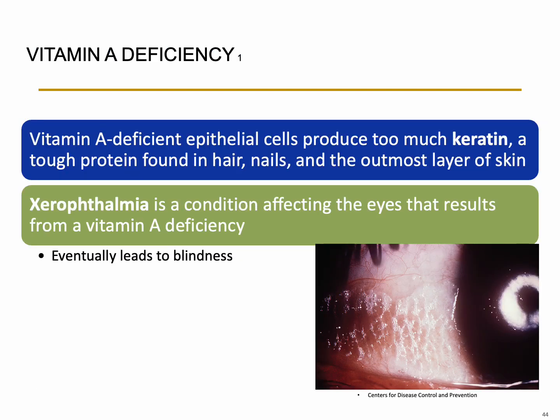One of the areas we can see the impact of vitamin A deficiency is in the eye. So when epithelial cells do not have enough vitamin A, they overproduce keratin, which is a protein that's found in epithelial tissues. And the epithelial cells that line the inner eyelids secrete mucus.